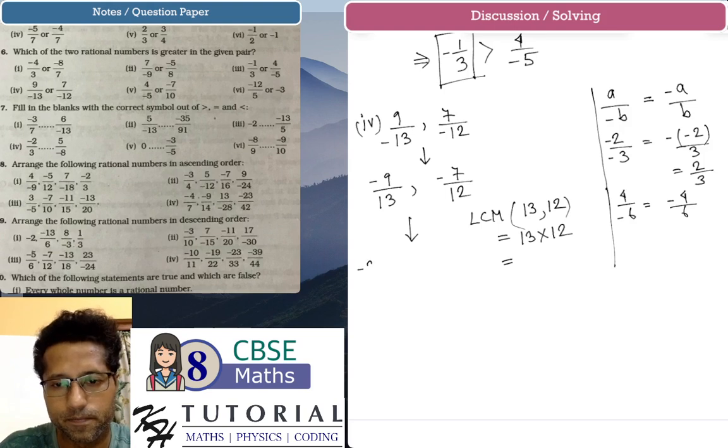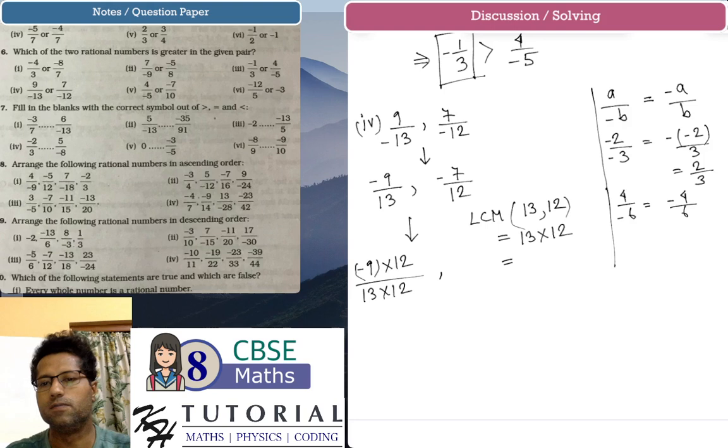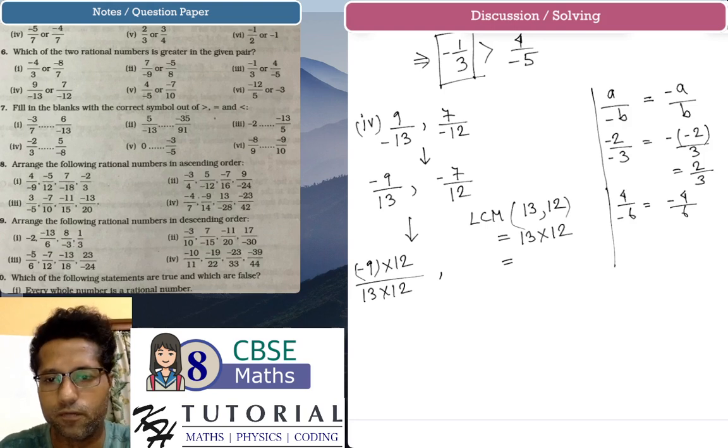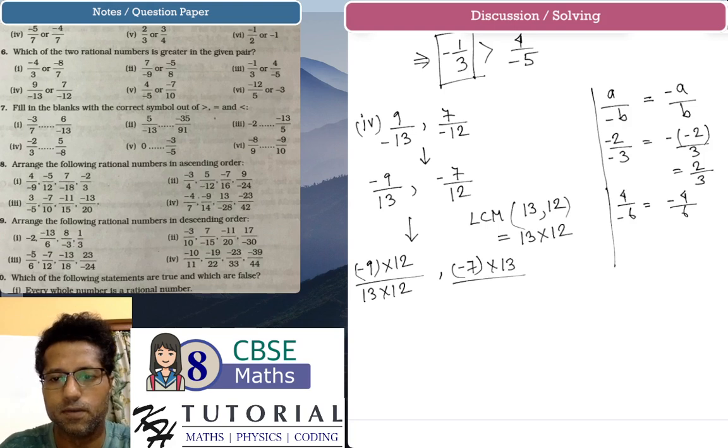It is nothing but minus 9 into 12 divided by 13 into 12, and this rational number minus 7 by 12, its equivalent form, so that the denominator becomes 13 into 12 will be minus 7 into 13 divided by 12 into 13.